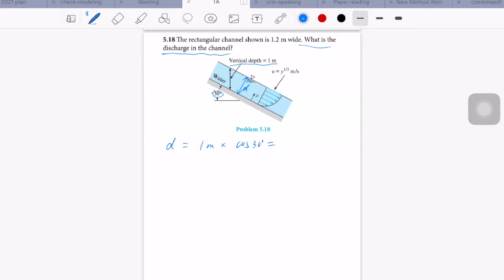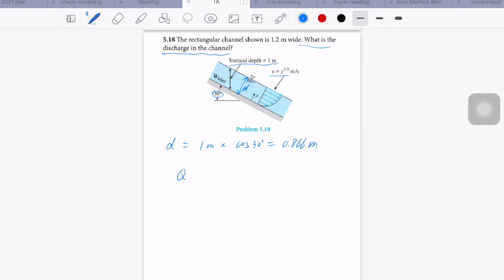So D should be equal to 0.866 meters. And from this figure, we know the velocity U equals y to the power of 1/3 meters per second. And we know the velocity is not constant over the area.